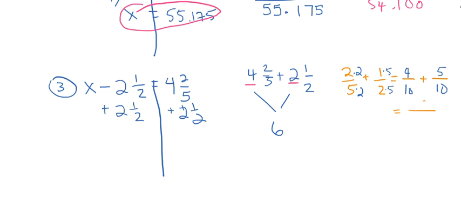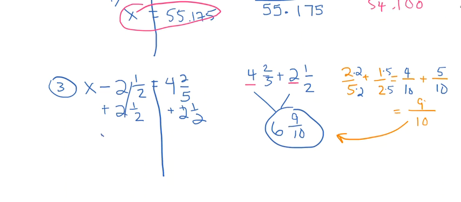So 4 plus 5 is 9, and the denominator stays the same. So it's going to be 9 over 10. You bring the 6 over here, and this is going to be 6 9/10. So x equals 6 9/10.